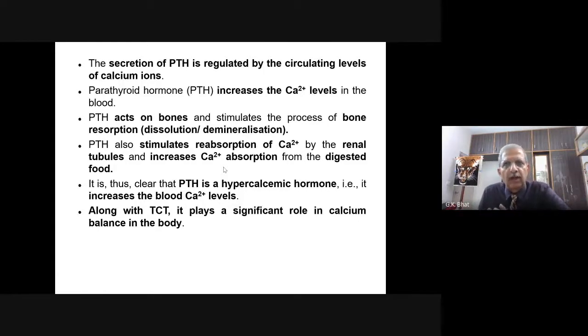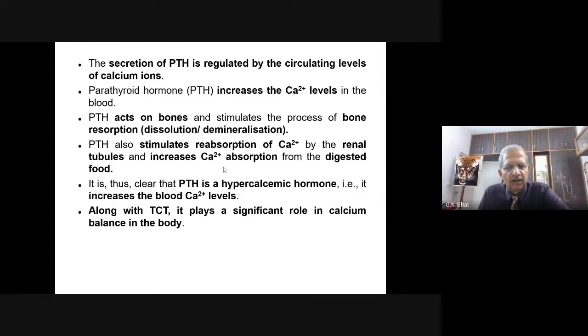We must remember that parathyroid hormone always is concerned with increasing the level of calcium in the blood. It is thus clear that parathyroid hormone is a hypercalcemic hormone, which is responsible for increasing the level of calcium in the blood.